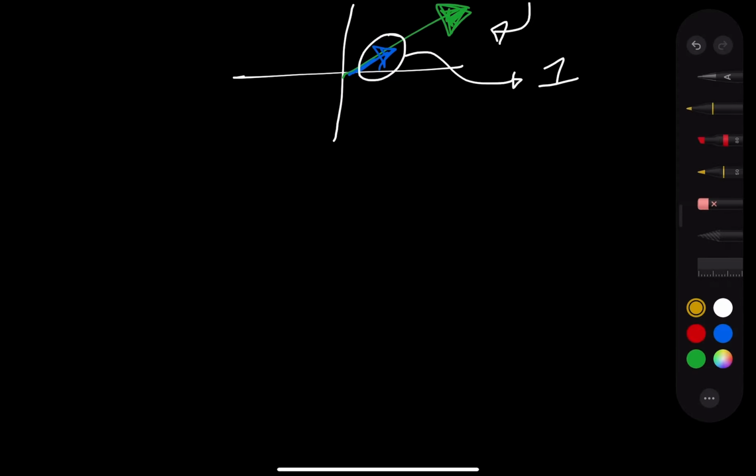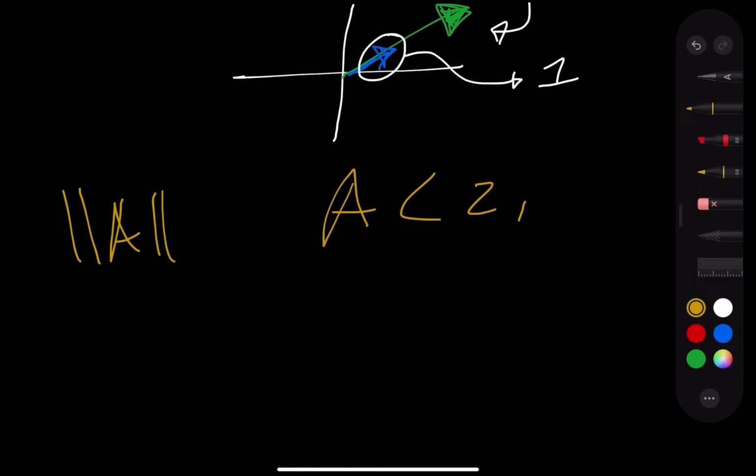Well, first of all, you need to know how to calculate magnitude, right? So think of your normal vector as vector A. The way we represent magnitude is by these two lines over here. Let me draw that a bit better. So two lines, A. And I tell you that A has components 2 and 3.